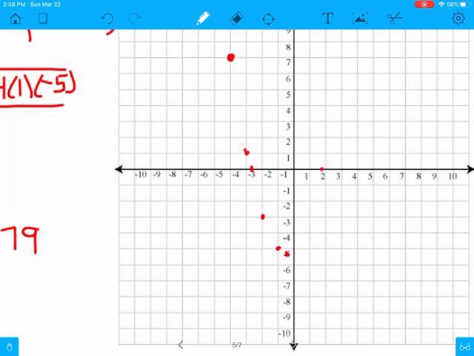I have 0 and negative 5. I have 1 and negative 3. All these negatives are going to go away anyways, though. Then I have 2 and 1. And I have 3 and 7. Okay? Oh, this is going to be fun.